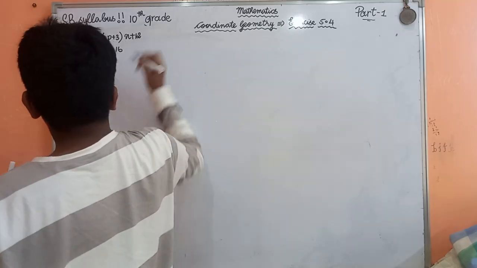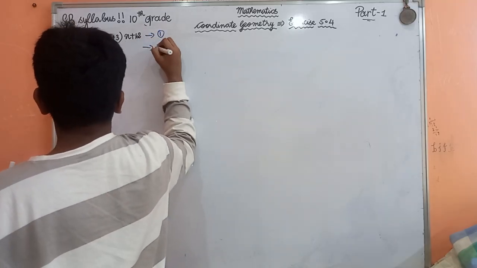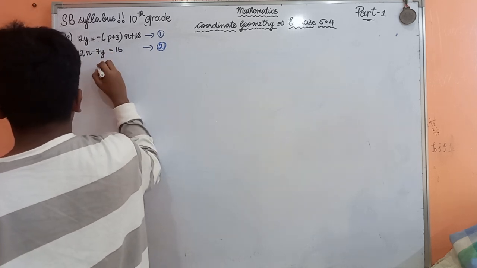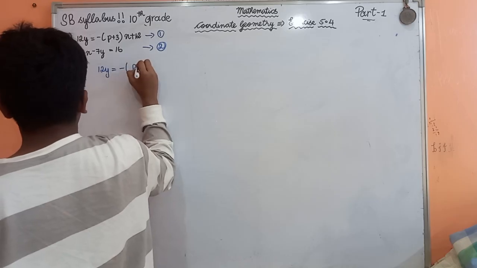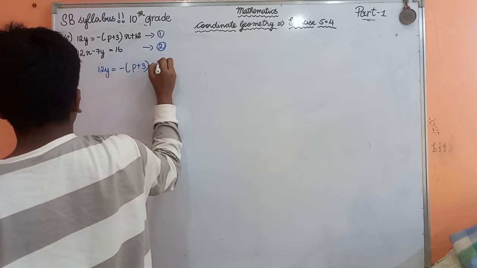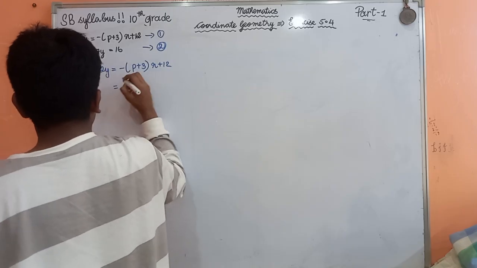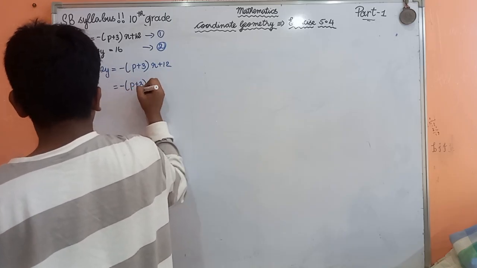Let's take this as the first equation and this as the second. We have to simplify the first equation because it is not in order. So 12y = -(p + 3)x + 12.